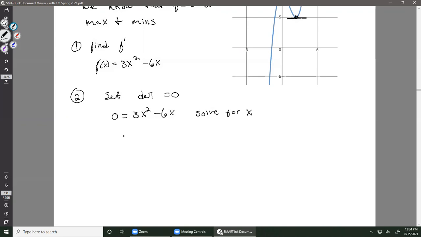So notice that my first term and my second term both have a 3x in it. I'm going to factor out a 3x. So I get 0 equals 3x, and that gives me x minus 2.